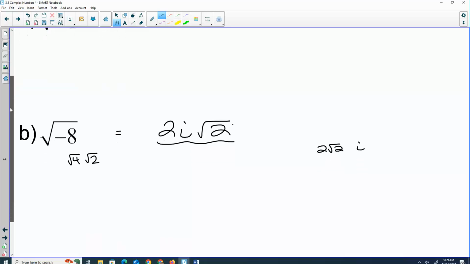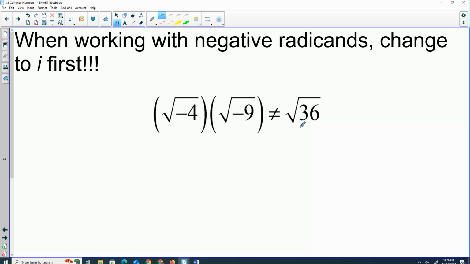If you are going to be multiplying with negative radicands, so when you have negatives under the radical, you have to take out the i before you multiply them together, which kind of goes against what we might initially think. If I'm just looking at this, we know if they're under a square root, we can multiply them. -4 times -9 is 36. But this is not the same thing as the square root of 36, because if I broke down those radicals first, what's the square root of -4? 2i.